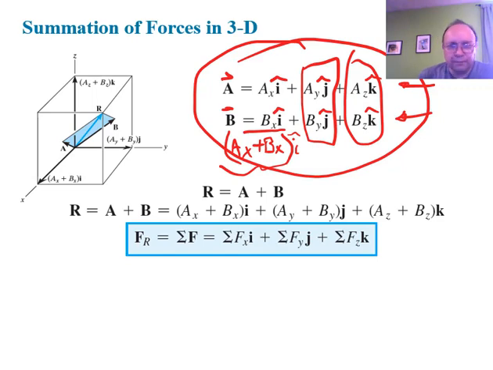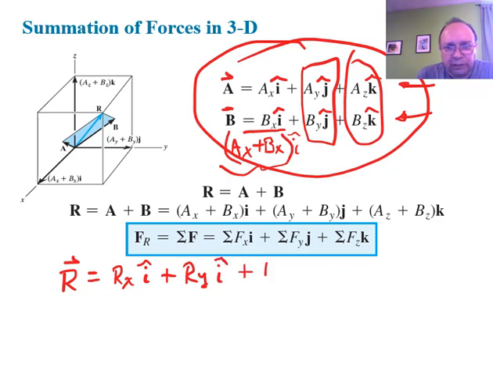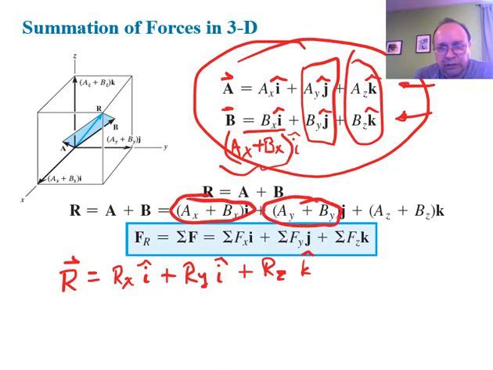So you have the resultant equals Rx i plus Ry j plus Rz k, where Rx is this summation here, where Ry is this summation here, where Rz is this summation here.